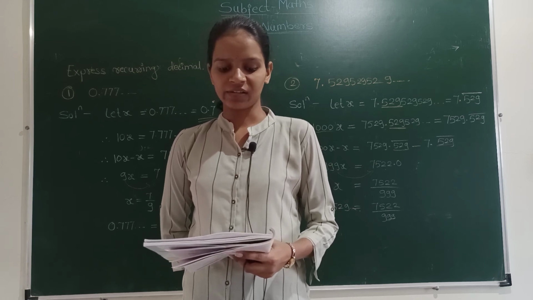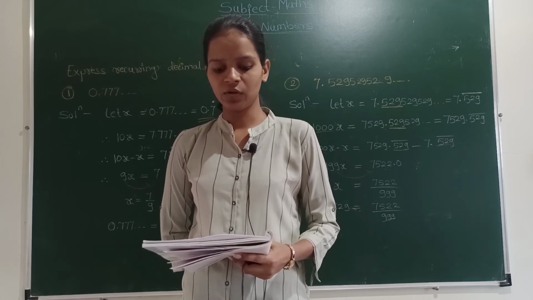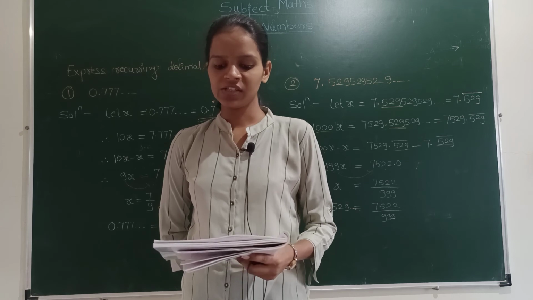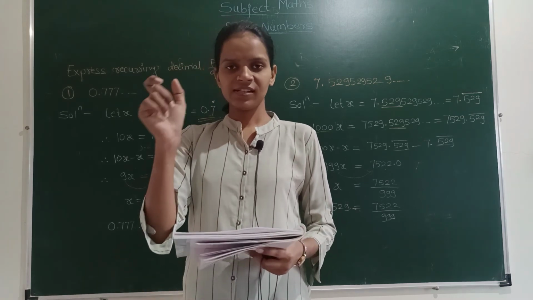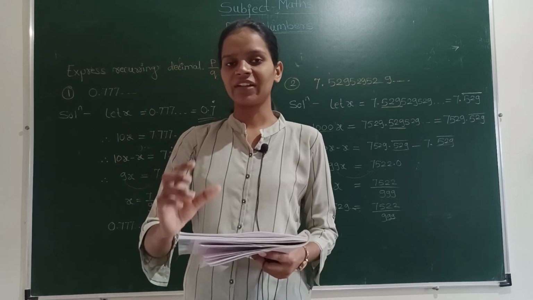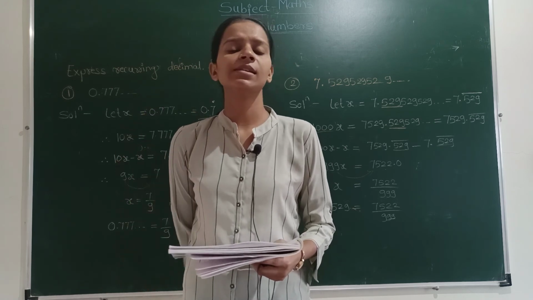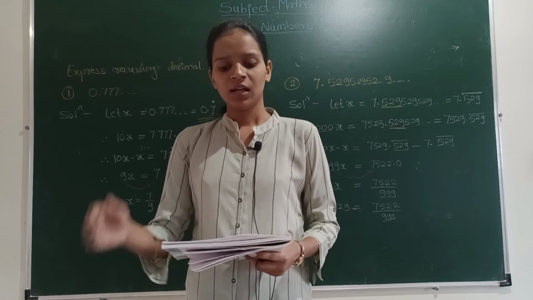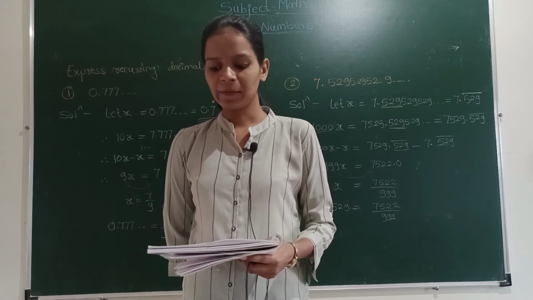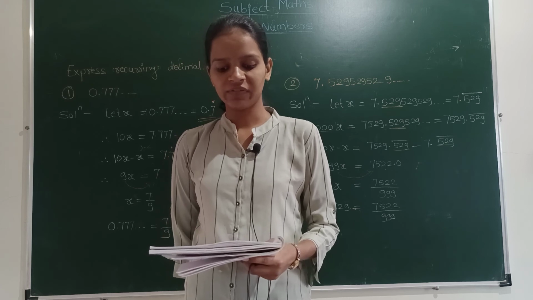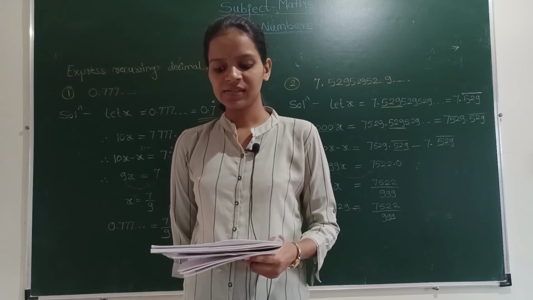If the prime factors are 2 and or 5 only, then the decimal expression is terminating. If the prime factors are other than 2 and 5 also, then the decimal is non-terminating or recurring.